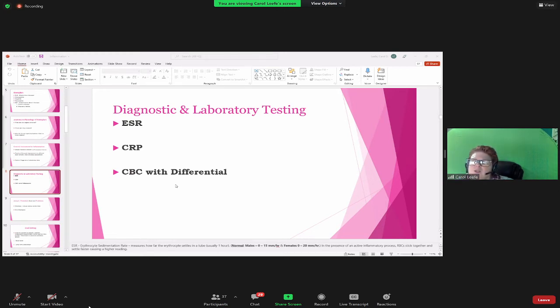So, two blood tests that are diagnostic for inflammation. ESR is an erythrocyte sedimentation rate, or affectionately termed a SED rate. That is not on your lab values, so it's coming from me and from the book.